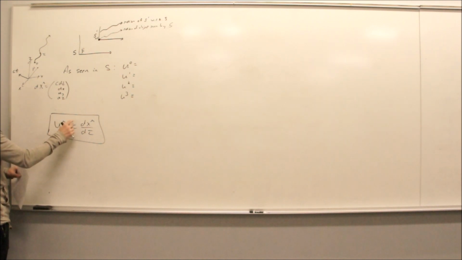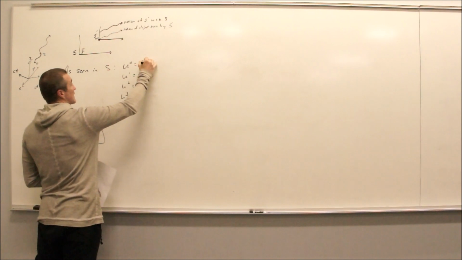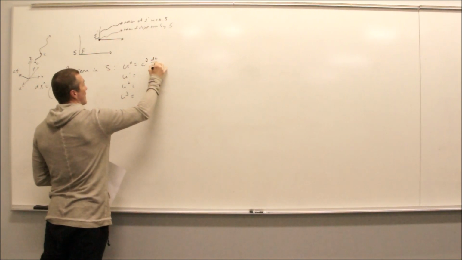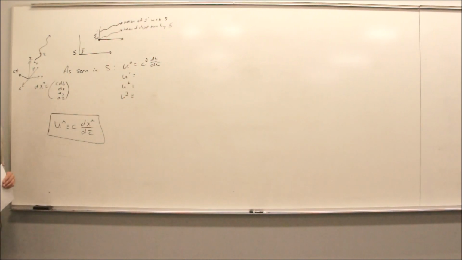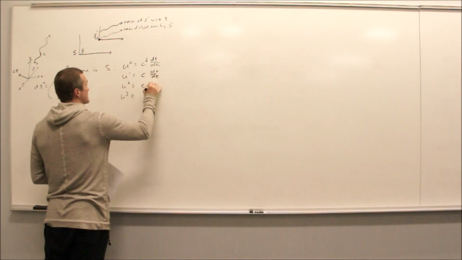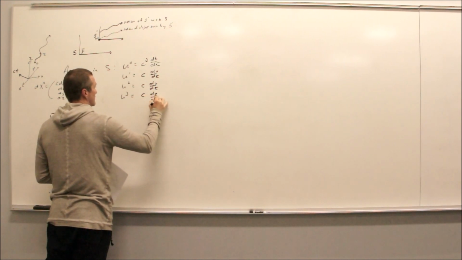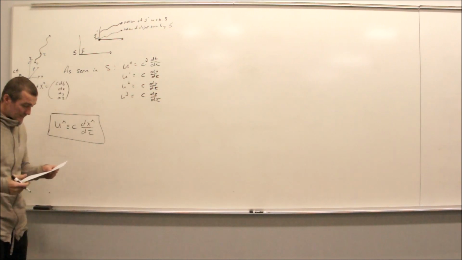So the 0 component of this is c t, so this is c squared dt d tau. What is the first component, u1? C dx d tau, C dy d tau, C dz d tau. Okay?